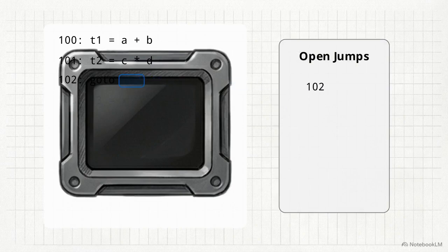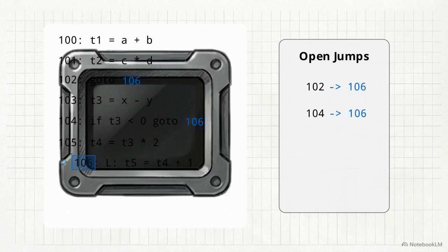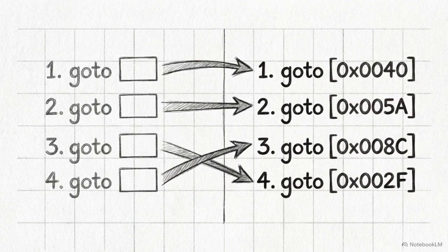It maintains this active list as it continues parsing. Once the necessary label is eventually defined further down the sequence, the compiler retroactively patches the correct address back into all of the empty slots on the list. Backpatching enables the compiler to maintain the efficiency of a single-pass scan while correctly resolving the targets of nonlinear jumps.